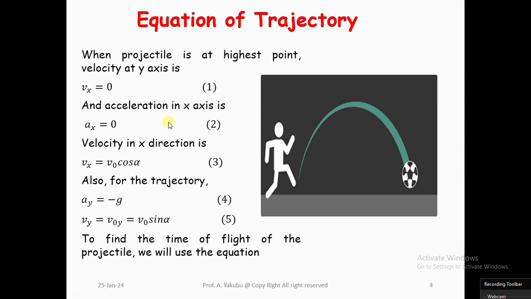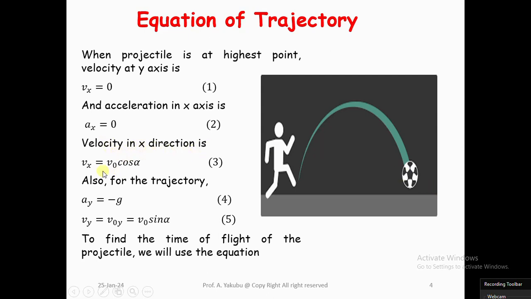So when the projectile is at the highest point, the velocity in y is 0. Remember from the diagram, I said at the highest point the velocity is 0. Even the velocity in the x direction is 0, because the body automatically stops at that point before decelerating. So the acceleration in the x-axis is also 0. Like I said, that ball stops at the highest point before it starts to decelerate.